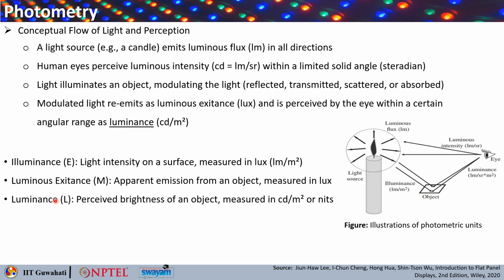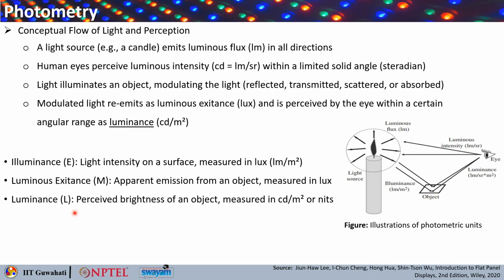So, here are the 3 important parameters. One is illuminance, the light intensity on a surface, measured in lux, which is lumen per meter square. Then you have luminous excitance, M, the apparent emission from an object, again measured in lux.